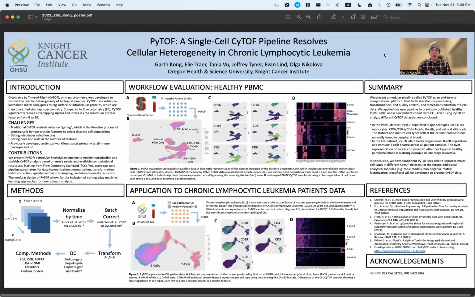In the PBMC dataset, we saw a strong separation of cell types that we would expect to see in peripheral blood: the B cells, the T cells, the natural killer cells, the monocytes. However, when we apply this pipeline to study patients with leukemia, we see that those cell populations are much more homogeneous, consisting of mainly B cells and T cells in CLL.